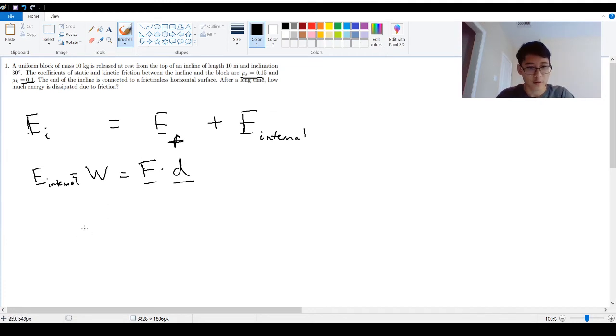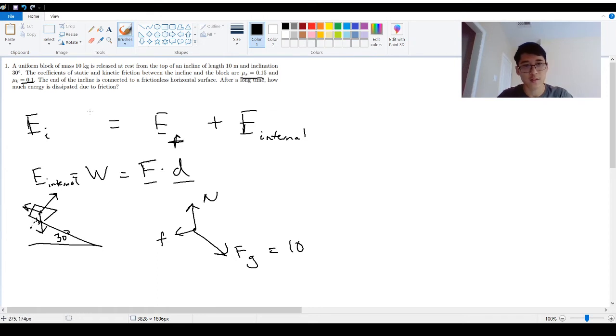But anyways, let's go and draw the force diagram. So here's the situation. We have a 30-degree incline, and then we have a block right here. In the force diagram, we have gravity going straight down, the normal force going like that, and the friction force going like that, and this is a 30-degree angle. If we tilt the reference frame so that the normal force points straight up, I'm going to call this N, and then the friction force, lowercase f, and then the gravitational force, which is equal to 10 kilograms times the gravitational field strength, which we are approximating to be 10, because that's what the rules tell us to.